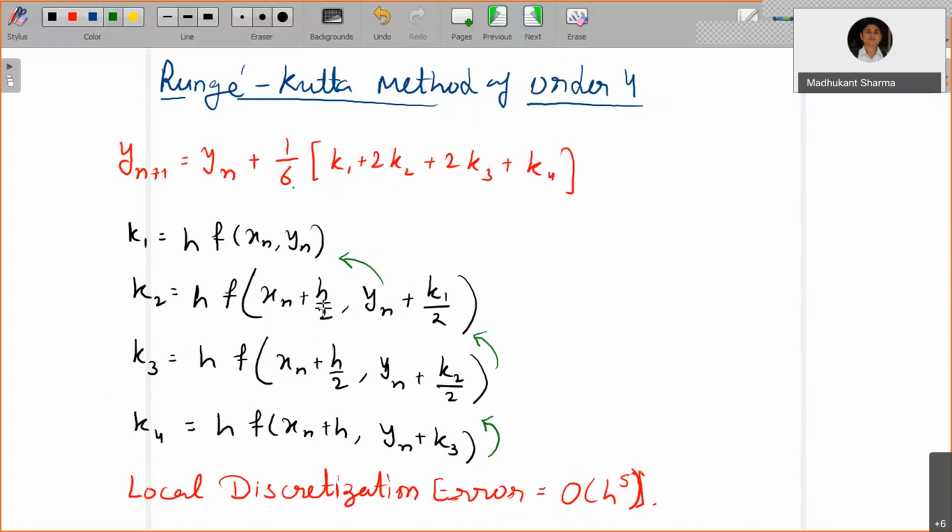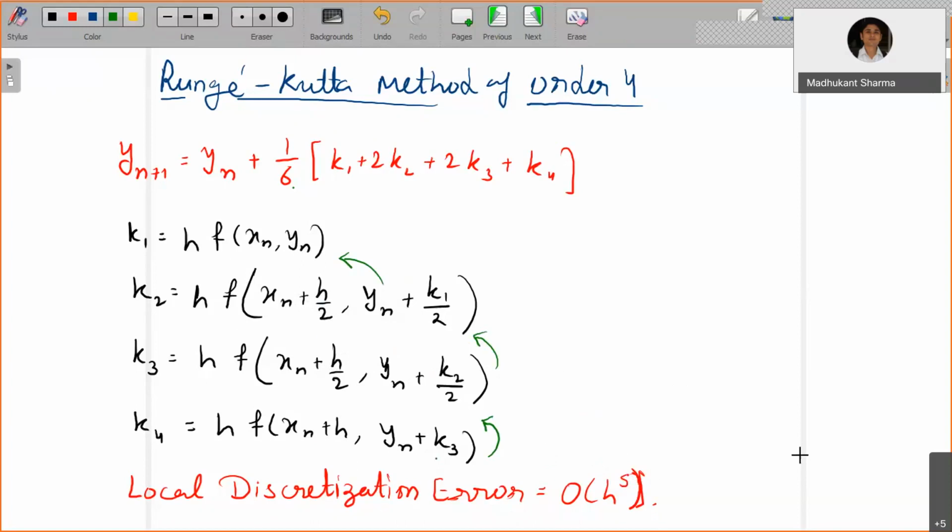Fixing xn comma yn, you go to xn plus h by 2 comma yn plus K1 by 2. Similarly, you again go to the same point, but with yn plus K2 by 2. Similarly here, xn plus h comma yn plus K3. You will see the local discretization error in this case is of O of h^5. We are not writing explicitly the exact form of the error term, but it is going to be of h to the power 5.